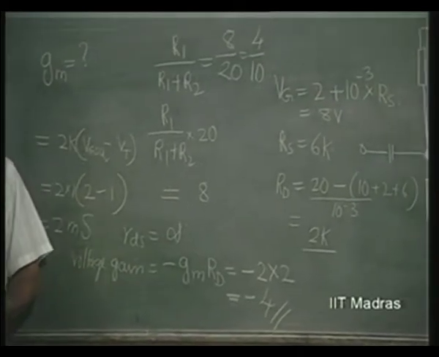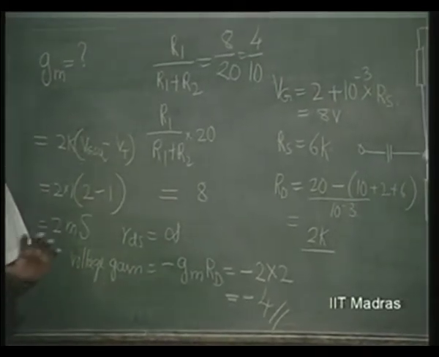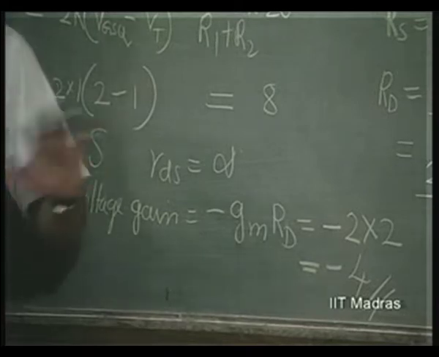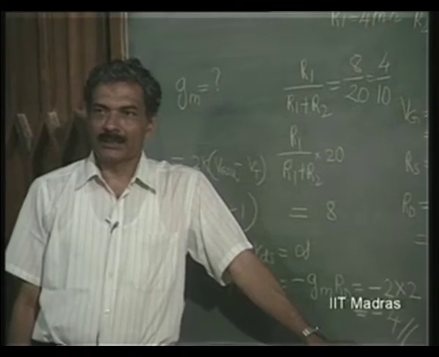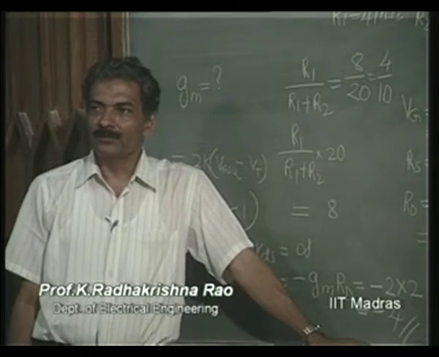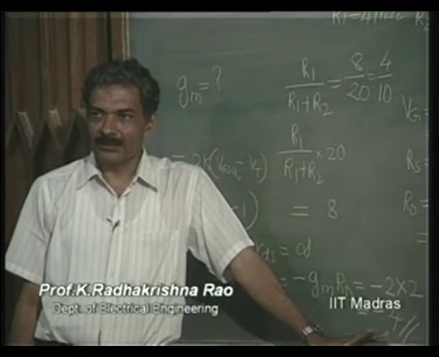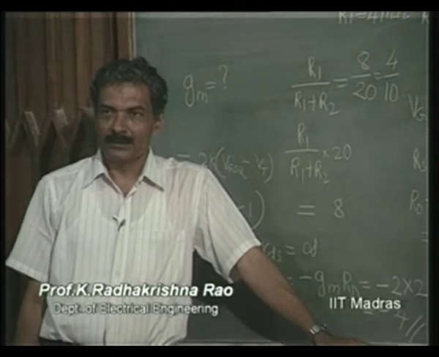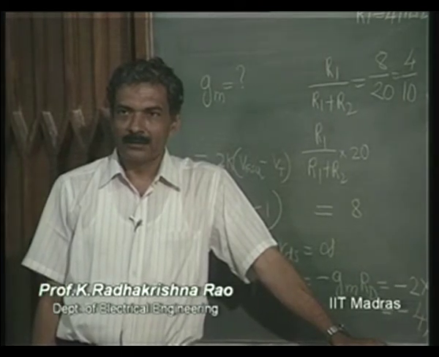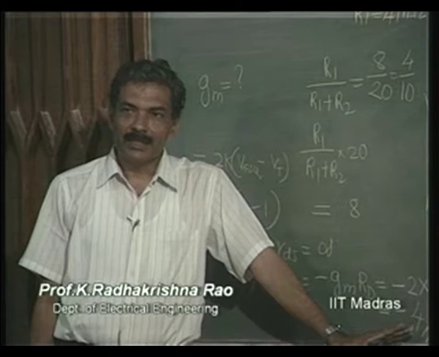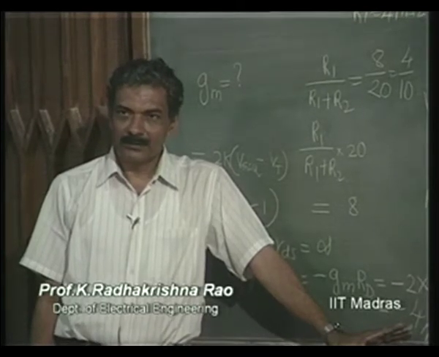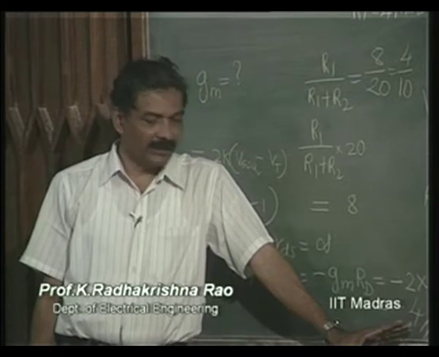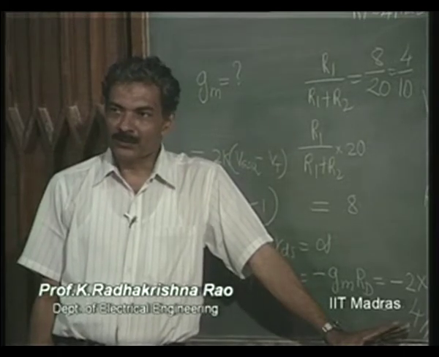I had warned you that GM of a comparable dimension bipolar junction transistor will be of the order of 40 millisiemens or so at 1 milliampere. Whereas GM of this is only 2 millisiemens, and therefore correspondingly the gain is pretty low.